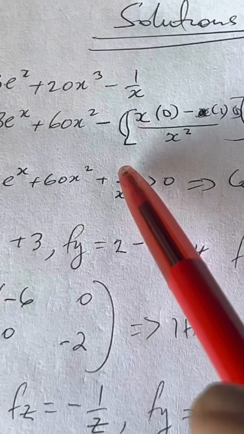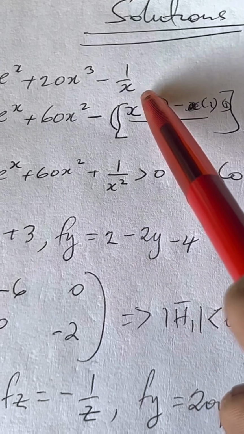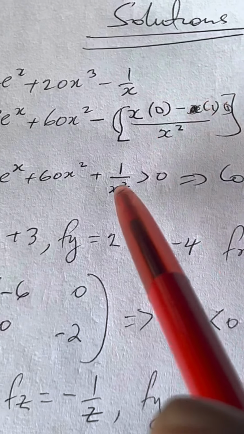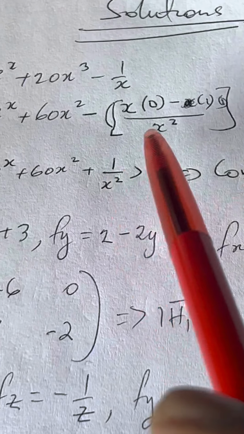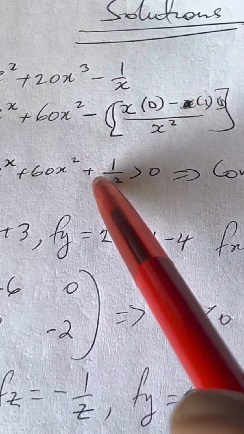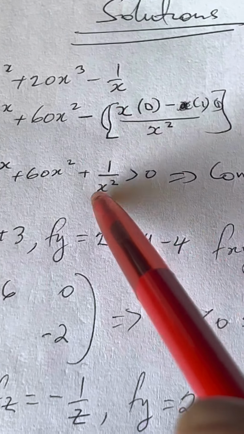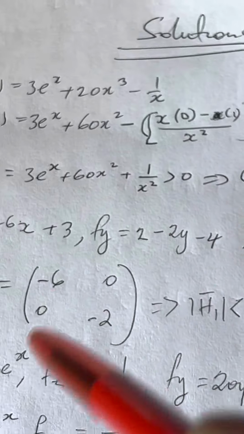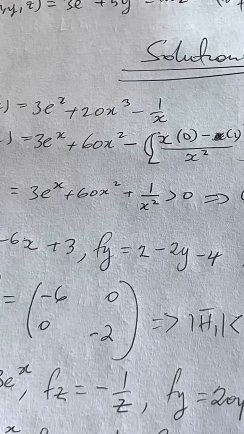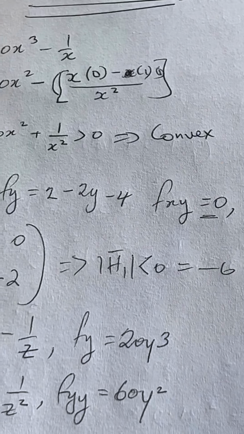Initially, the second derivative of ln x is just negative 1 over x squared, but because of the negative in front, the negative and negative multiply to a positive. So the overall second derivative of f of x is greater than 0. It's positive, so we conclude that the function is convex.